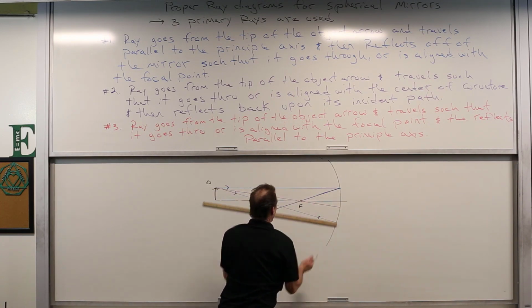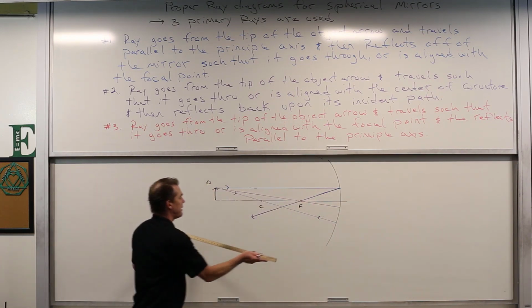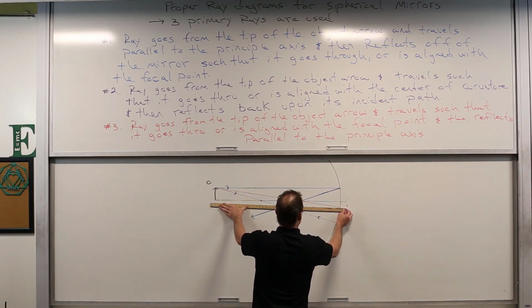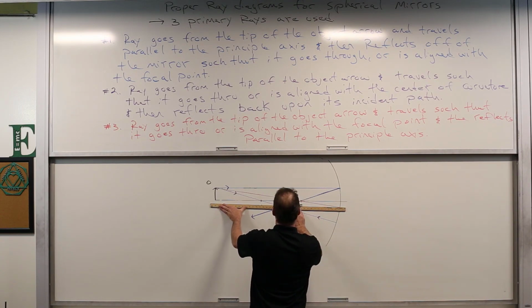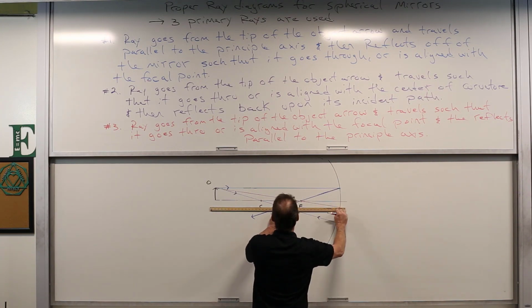Through it, strikes there, and then what does it do? It reflects off parallel to the principal axis. So you get this parallel. And this isn't going to be perfect, but it's pretty close actually. That's really good. That looks about parallel there, semi at least.